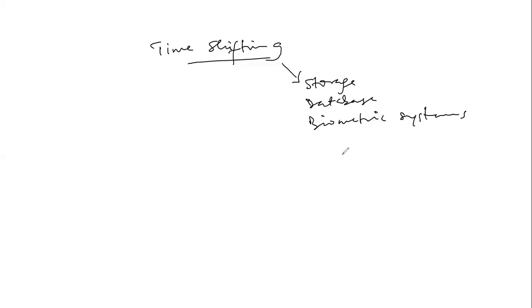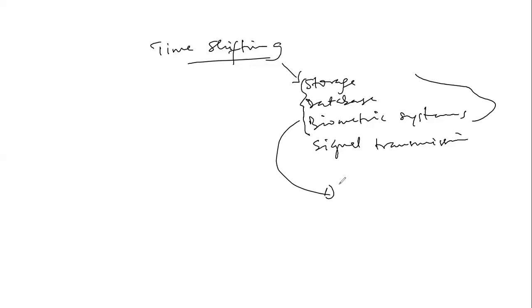Then you want to play with signal transmission. Oftentimes you hear of things like latency, time delay, and all of that. So it all comes under this time shifting idea. Now, when it comes to your storage database and most of the biometric systems, you actually have an idea of the output.